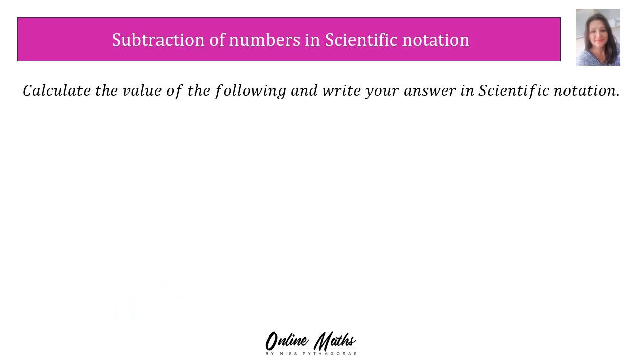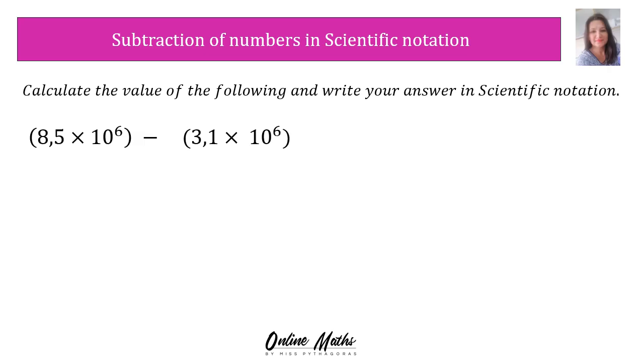Now the subtraction of numbers in scientific notation, it works exactly the same way as you would work with the addition of numbers in scientific notation. So the question says calculate the value of the following and write your answer in scientific notation.